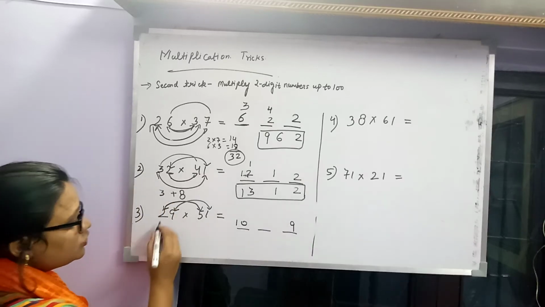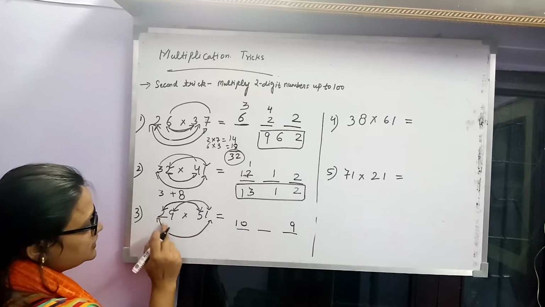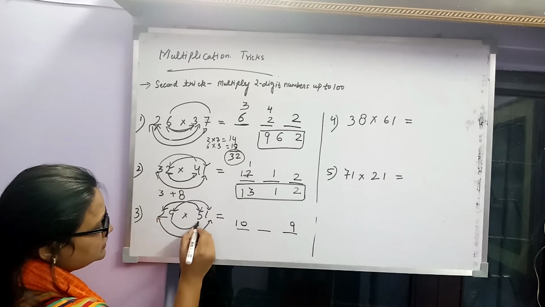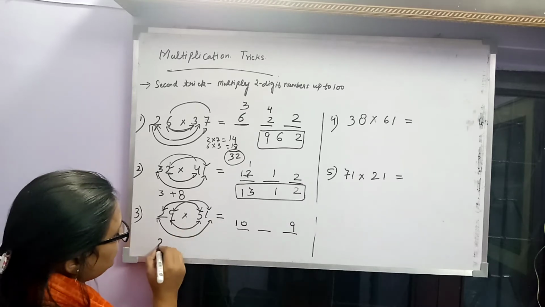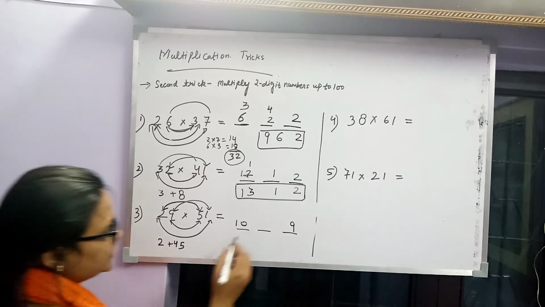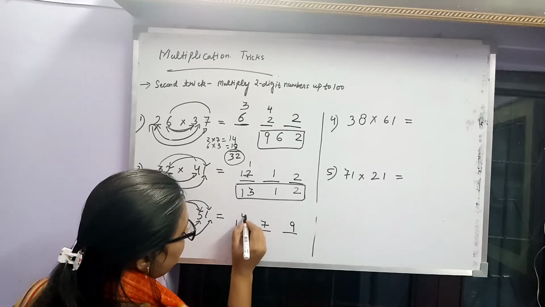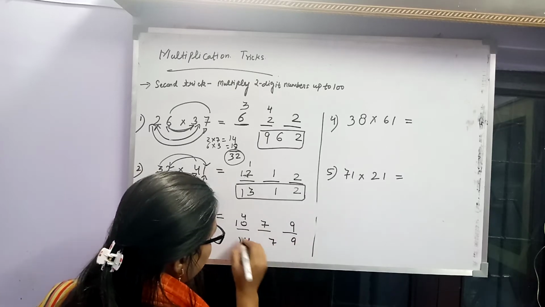And then we do the cross multiplication, this number to this and this to this. So we get 45 plus 2, which is 47. So 7 we will write here and 4 goes to the carry, and now we will add.